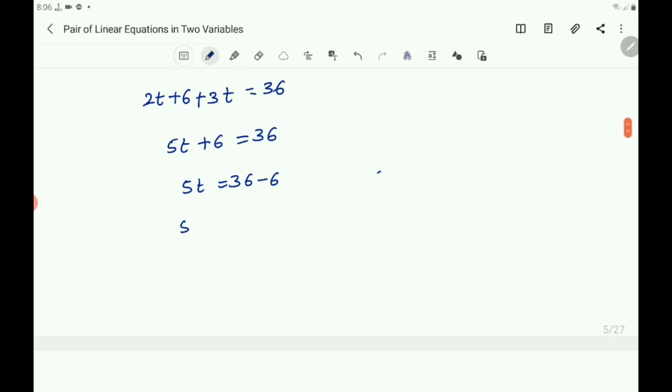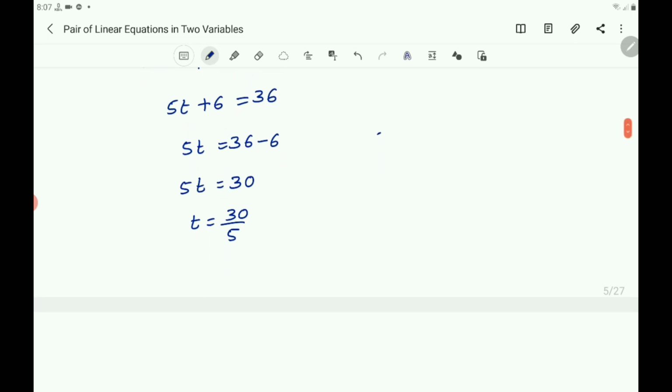Then you get 5t equals 36 minus 6, which is 30. Then t equals 30 by 5, transferring this 5. 5 ones are 5, 5 sixes are 30, you get t equals 6.